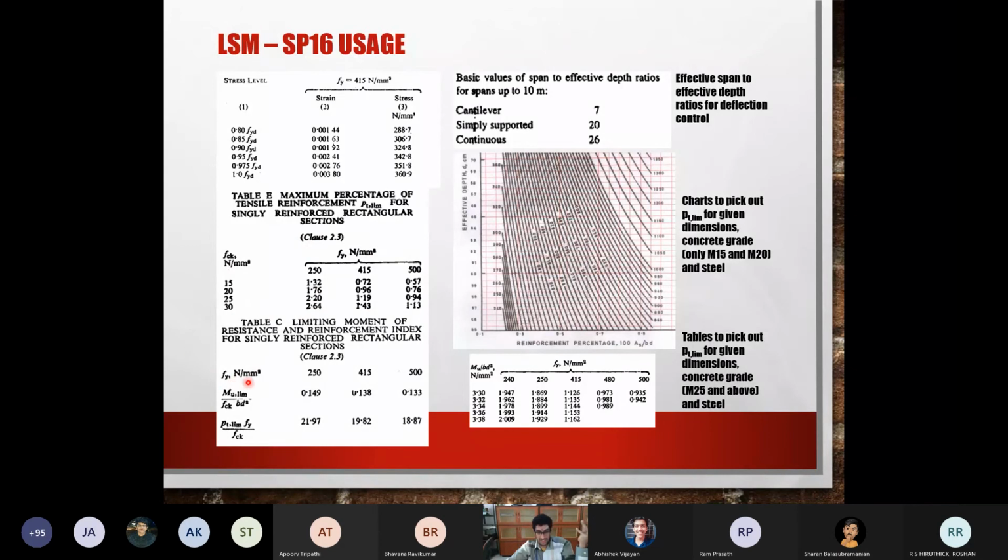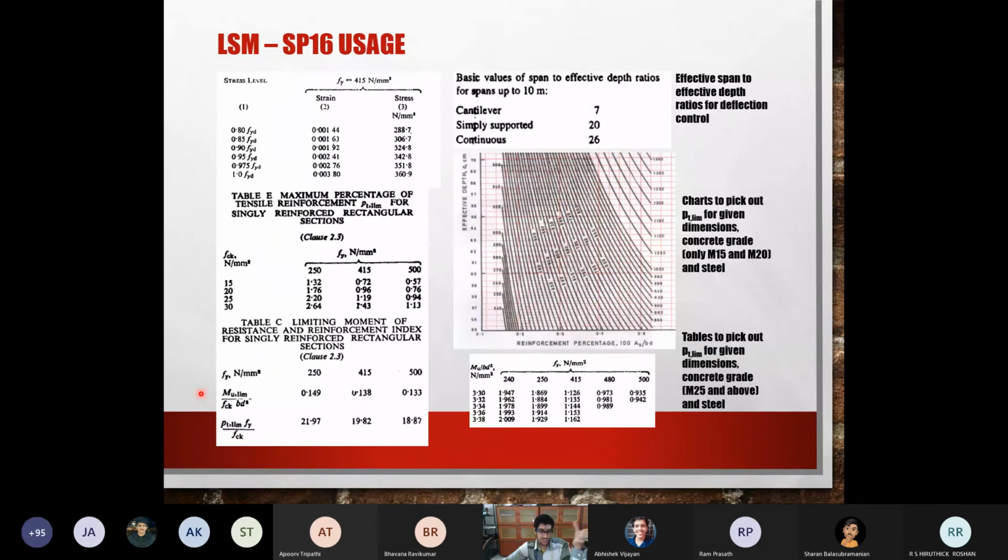And similarly, for the purpose of design, you will be using these equations. Mu equals some constant times fck b d square, depending on the grade of steel. So go back to your previous one. Once I share the PPT, you can see it. I told you that Mu is equal to 0.36 fck xu b (d - 0.416 xu).